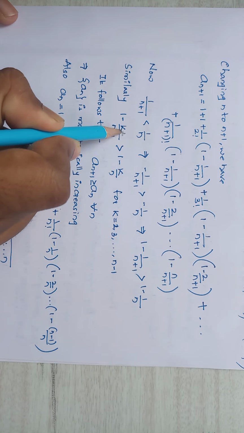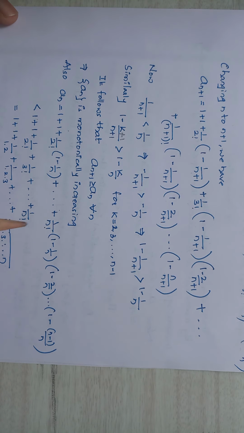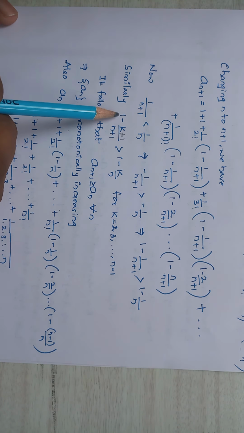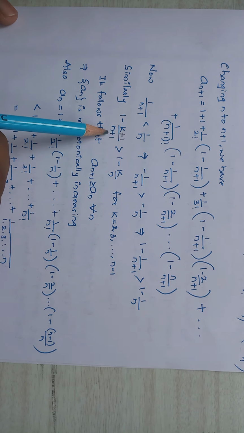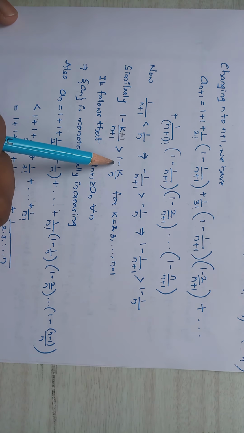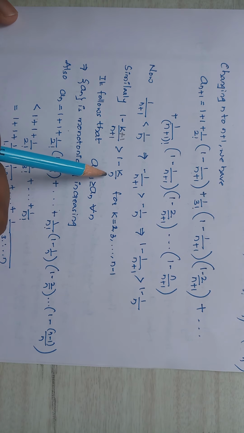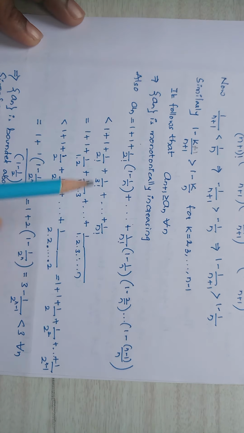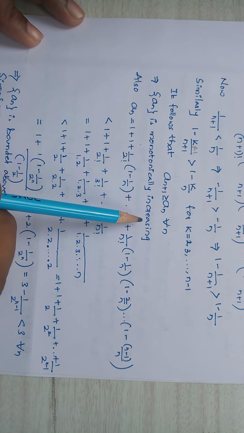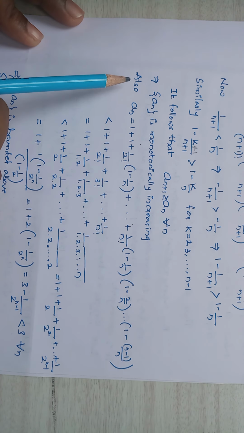If you put k is equal to n minus 1, then it will become 1 minus (n minus 1) divided by n plus 1 is greater than 1 minus (n minus 1) divided by n. Okay, so that implies that an is monotonically increasing.